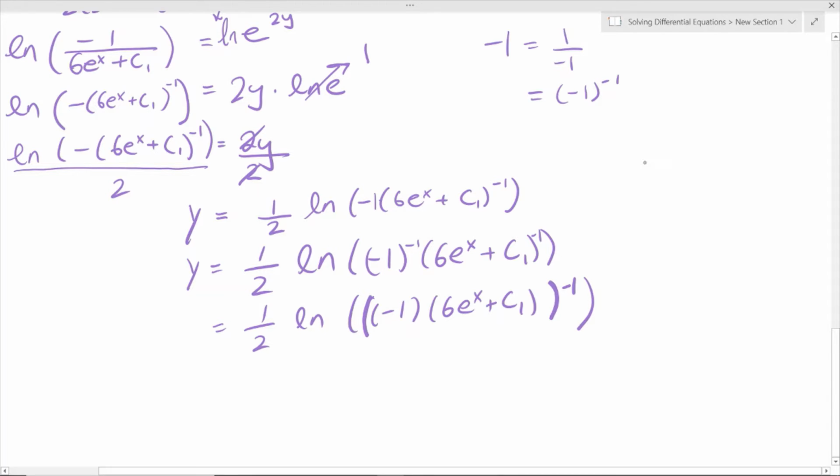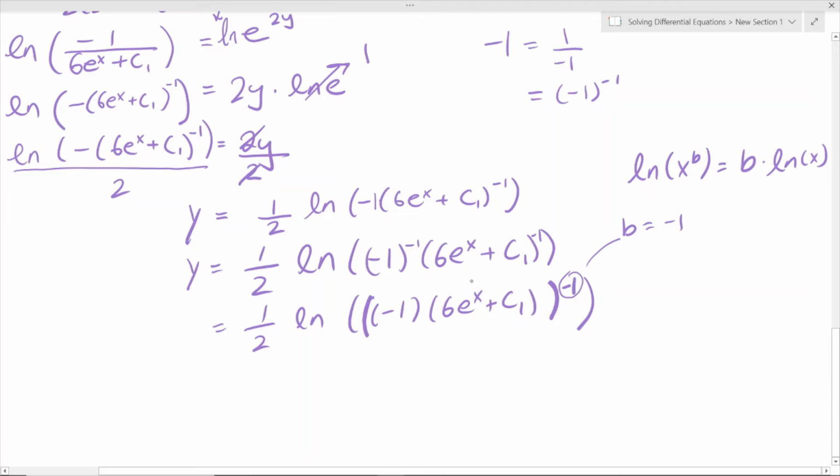And then we can use ln laws to our advantage here. We know ln x to the exponent of b is equal to b times ln x. In this case our b is equal to -1, as shown here.